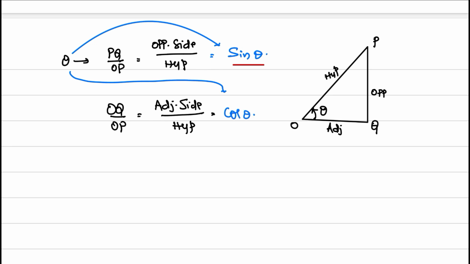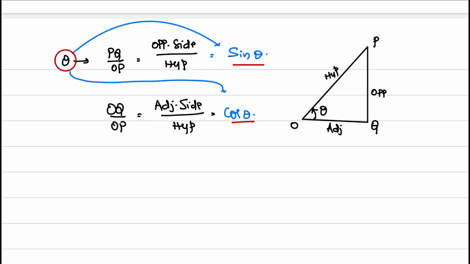Now, one ratio we have found, two ratios we have found: adjacent side by hypotenuse, opposite side by hypotenuse. Then what happens to opposite side by adjacent side? For the same theta we are doing the exercise.